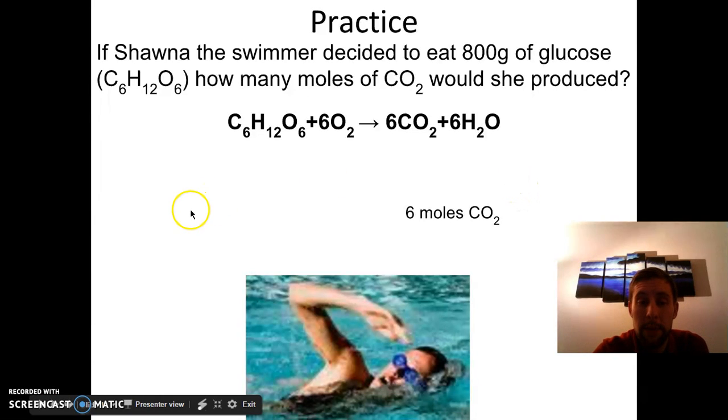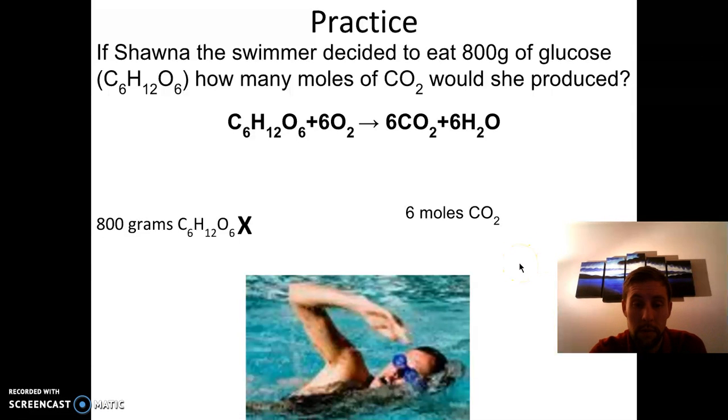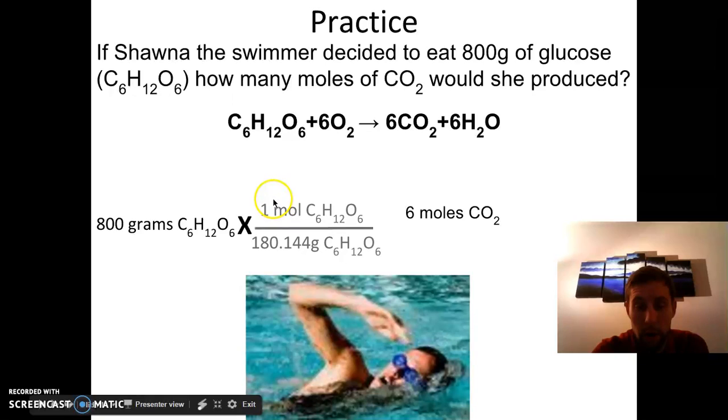Right, so we're given 800 grams of glucose. So we're going to start with that. It's an equation we use a lot in biology next year. We're going to cancel grams of glucose and go into moles of glucose. Because we can only go from one thing to another when they're in moles. So now that we're in, this is the molar mass of C6H12O6. Once we're in moles of glucose, that's great. We need to get to moles of CO2 that popped up early.